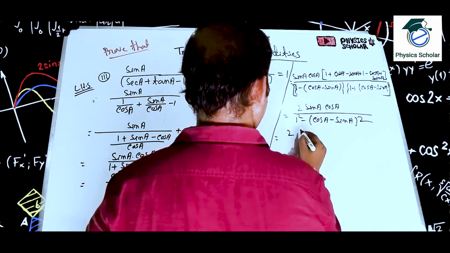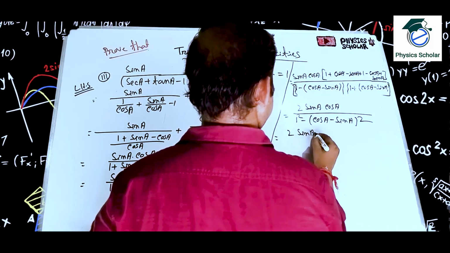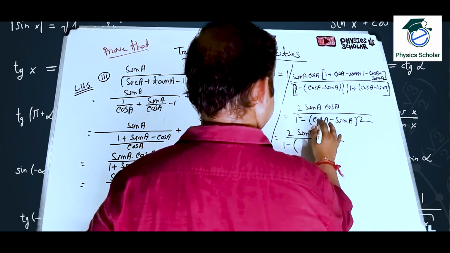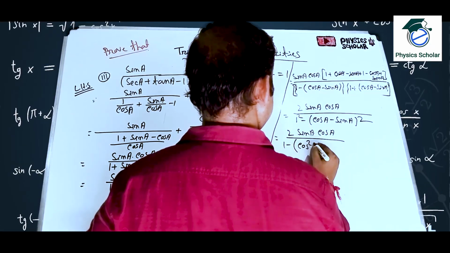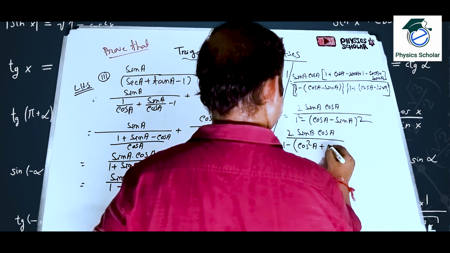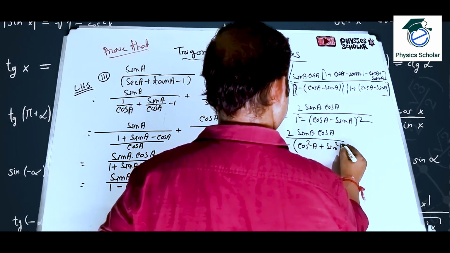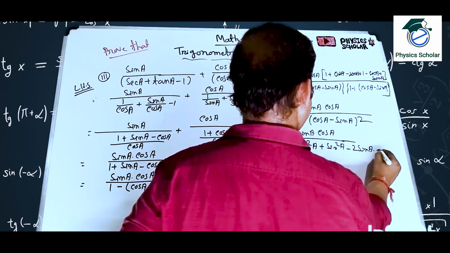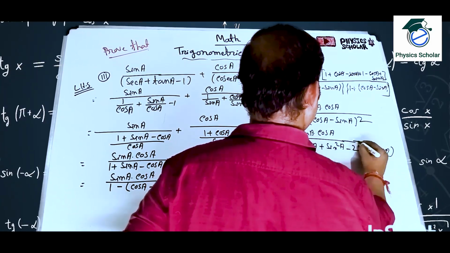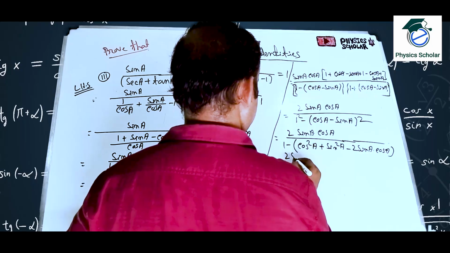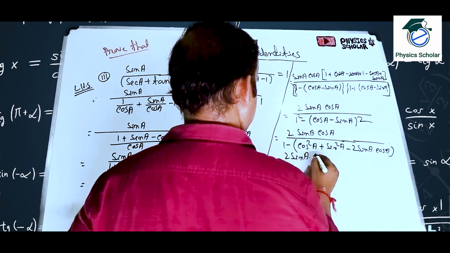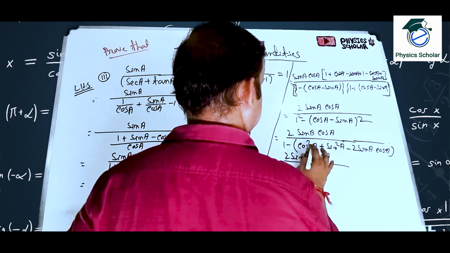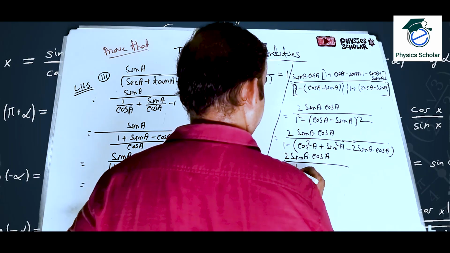So 2 sin A into cos A divided by 1 minus, it will be what? A square plus b square minus 2a into b. Clear? So 2 sin A into cos A divided by 1 minus sin square theta plus cos square theta means what? 1.